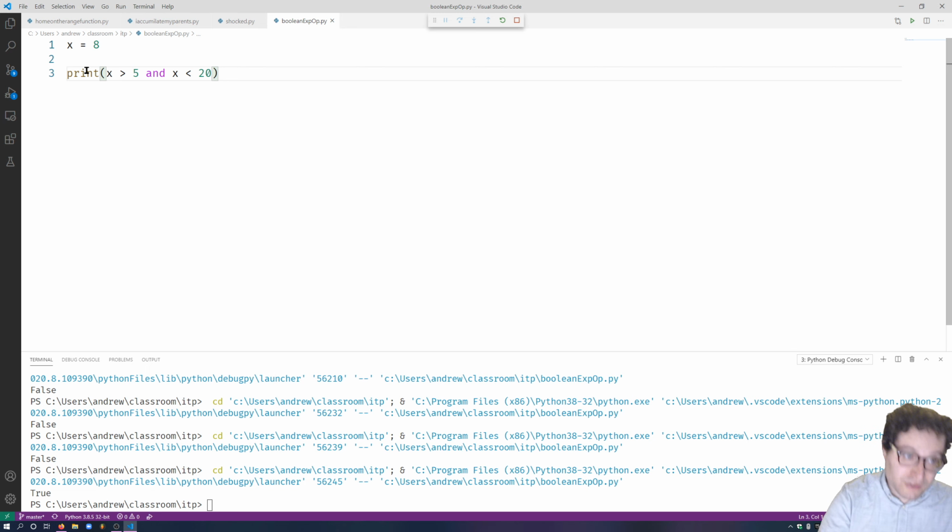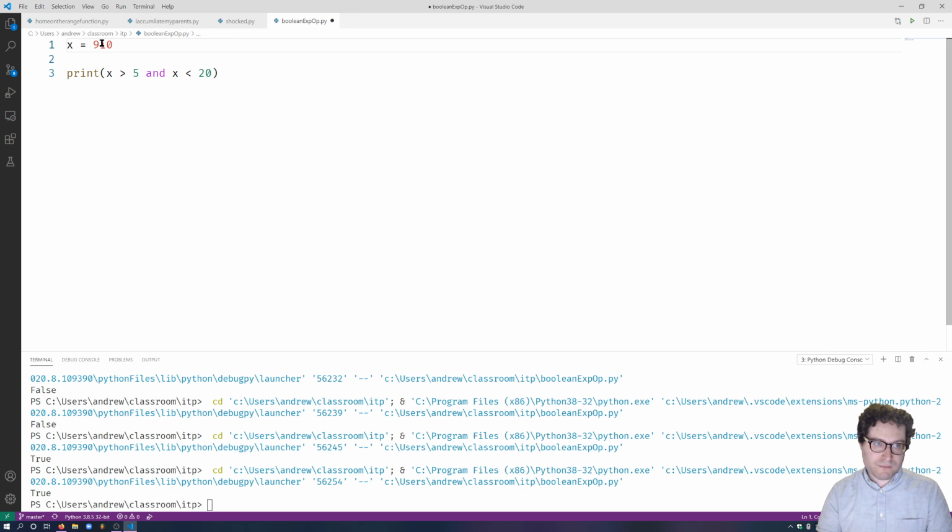Both those conditions are true, so it prints out true. But if we print out 90, well, x is greater than 5 is true, but it's not less than 20. So that part is false. True and false gives us false. So this entire expression is false.